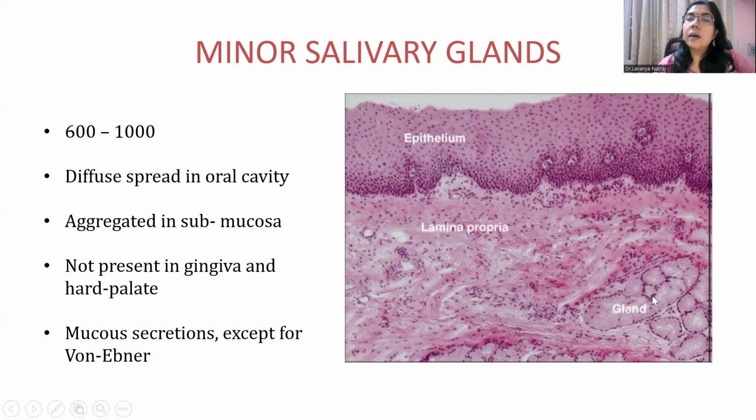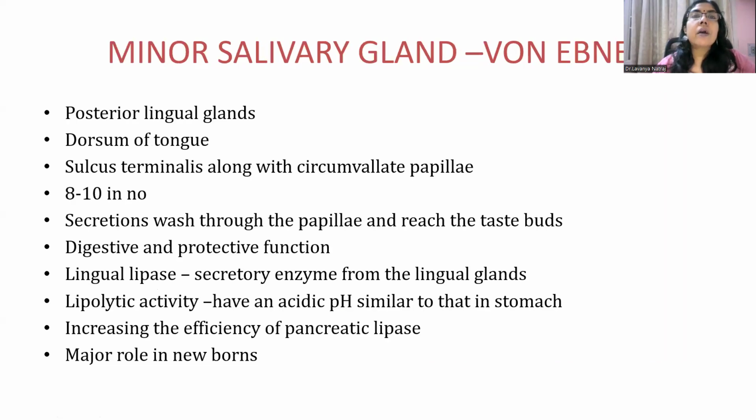And most of these minor salivary glands have mucinous secretions, except for the minor salivary gland called von Ebner's gland. Now we will see what these von Ebner's glands are.